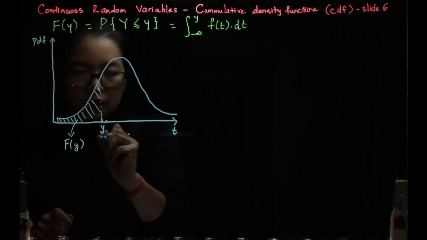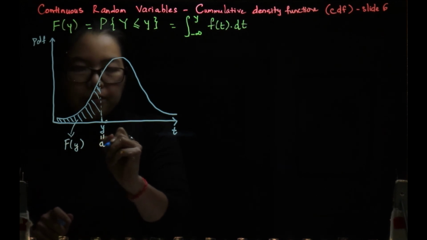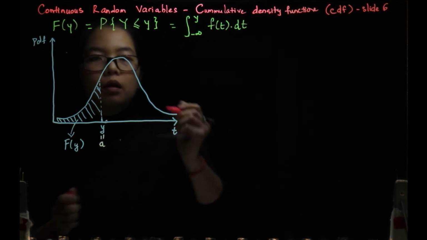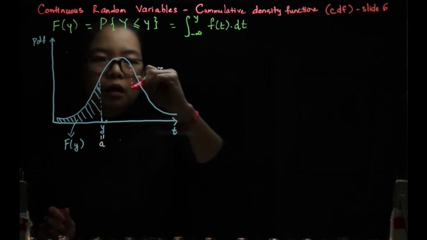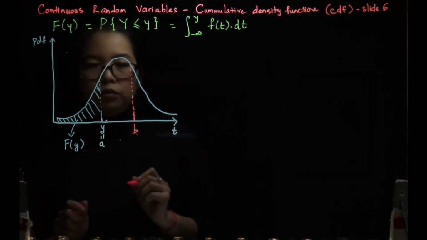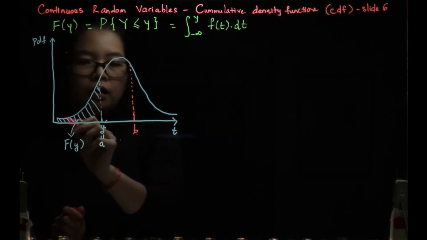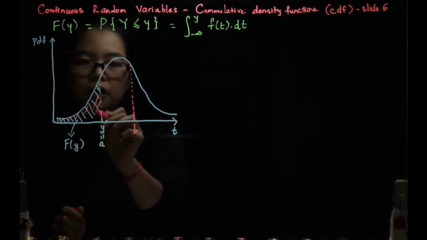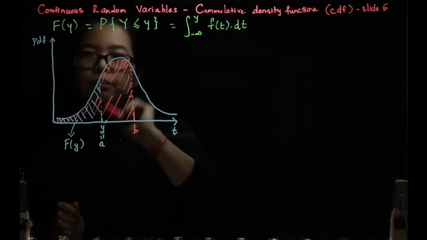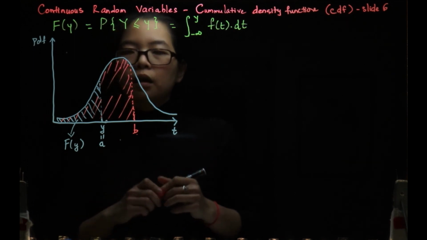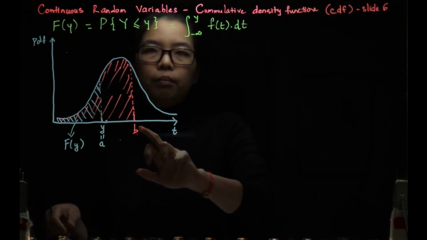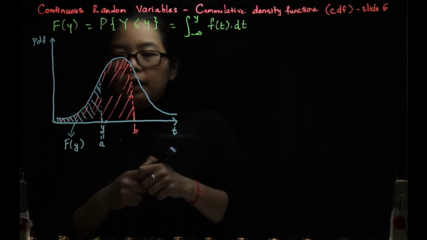So now imagine this value is y equal A, and then we have another, let's change the color, point B. So here we would have the area that I'm marking now with the pink color up to the point B under the PDF curve, which is the cumulative distribution of B. So let's write it down.